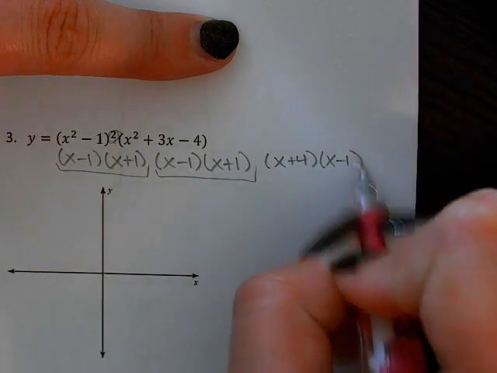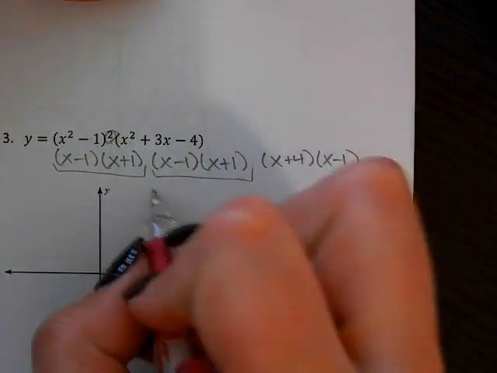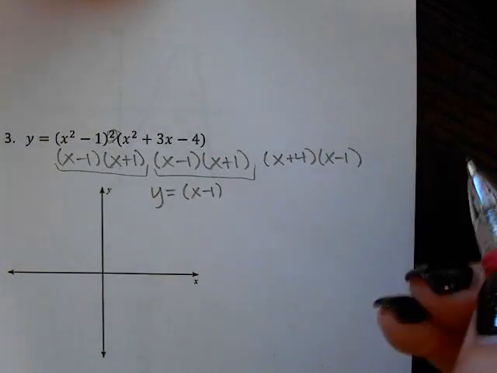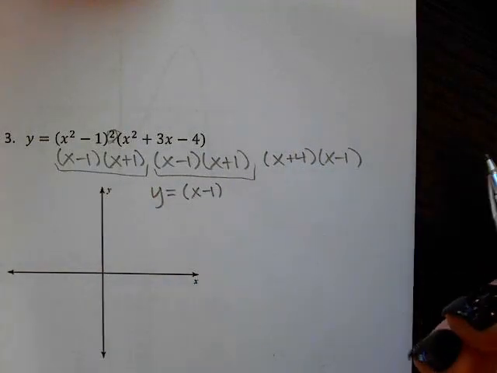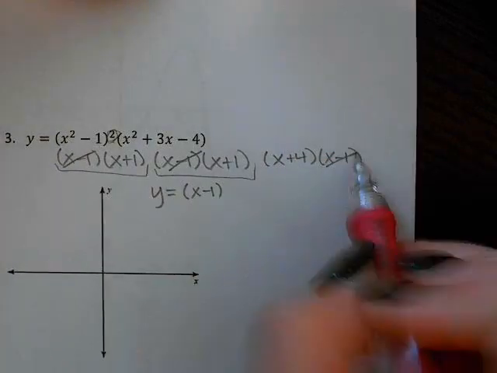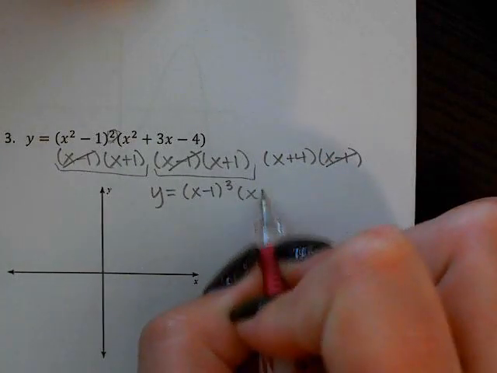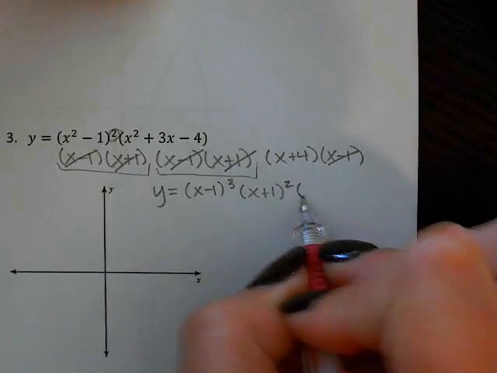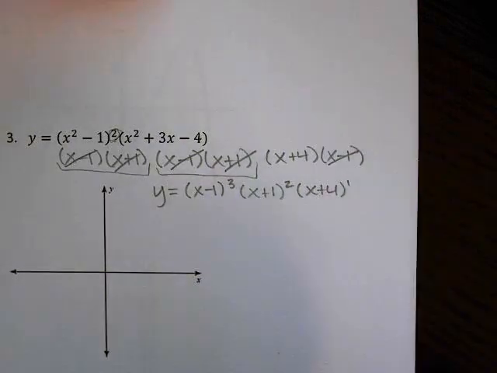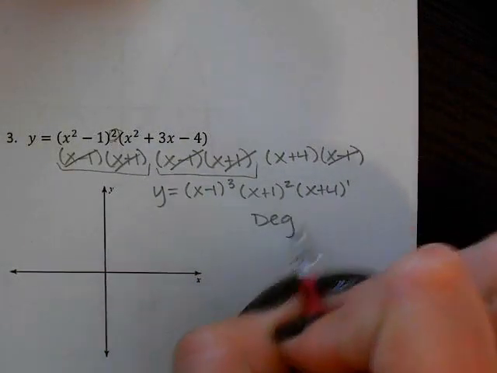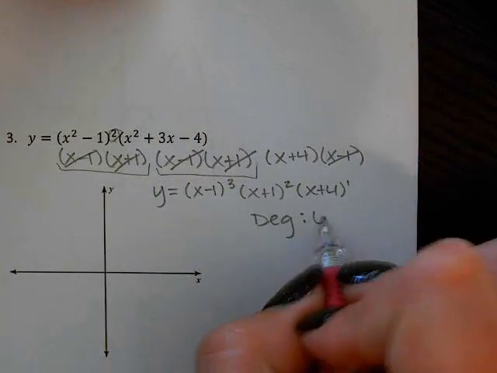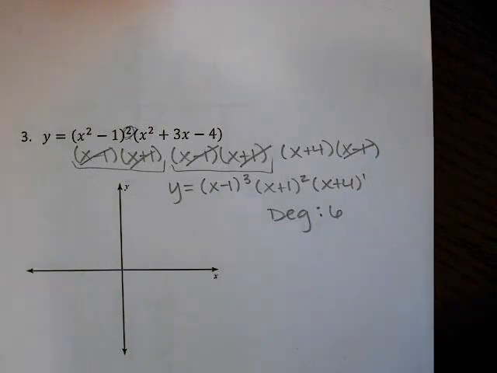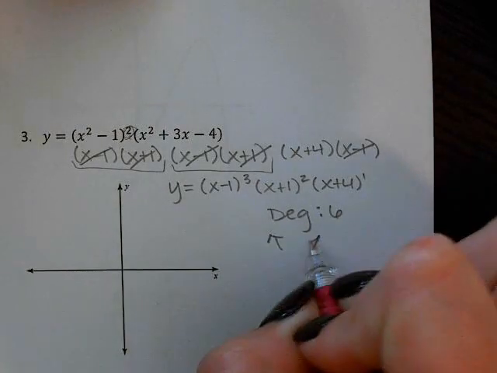Okay, so if we write this in the factored form, we have (x - 1) to the third, (x + 1) to the second, and then (x + 4) to the 1. Okay, so what's the degree? 6. It's got a positive coefficient, so what are the arrows going to be doing? Both are going to be up, okay?